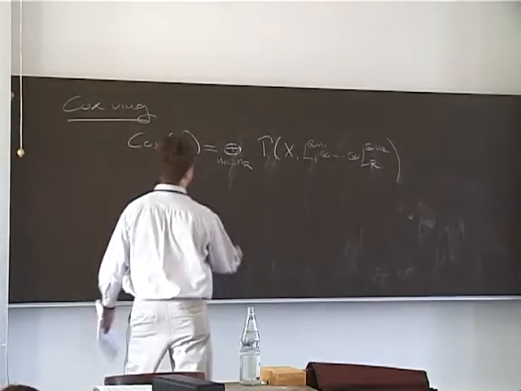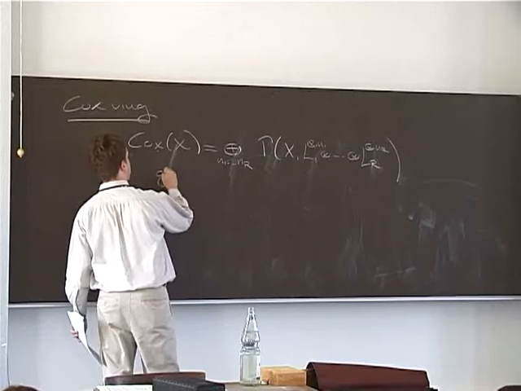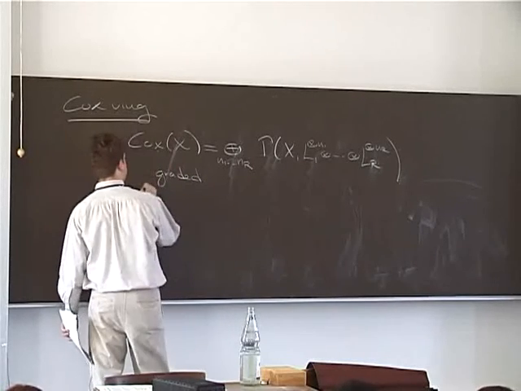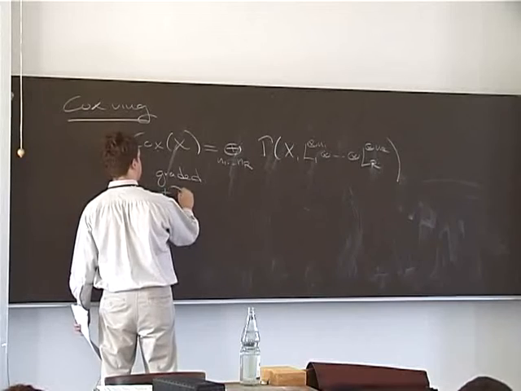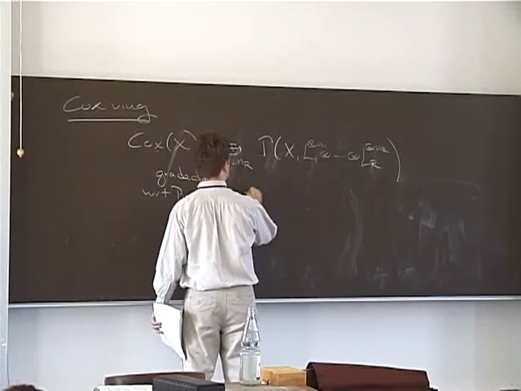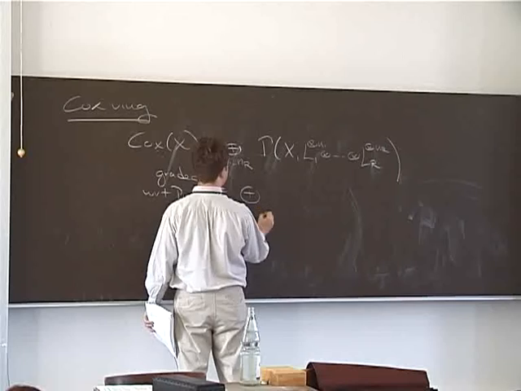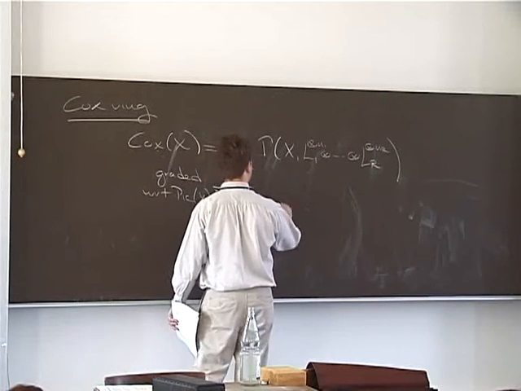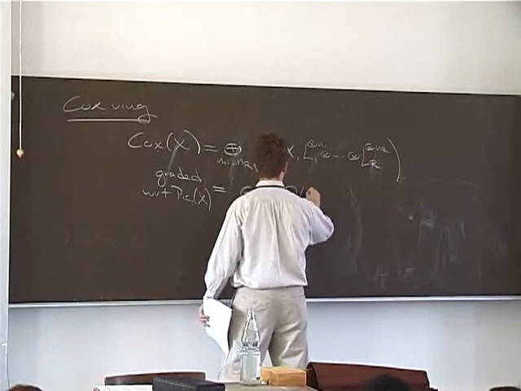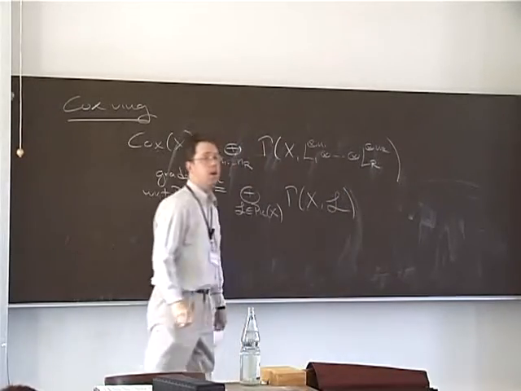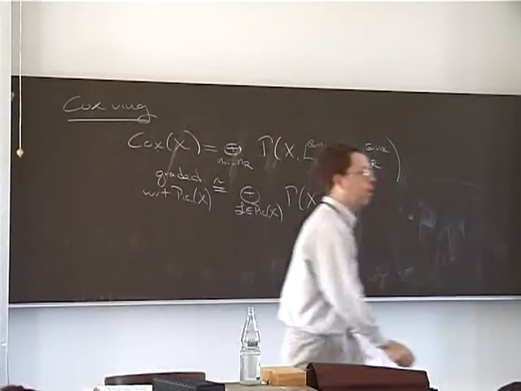So I want to think of this as a ring which is graded with respect to the Picard group. I can think of this as being a direct sum over all L of global sections in L. I multiply these in a natural way.